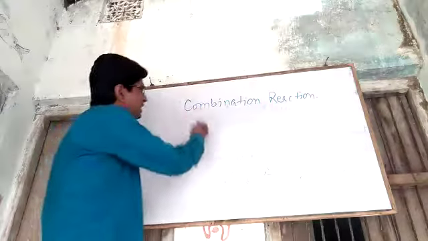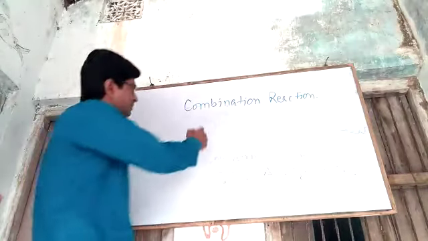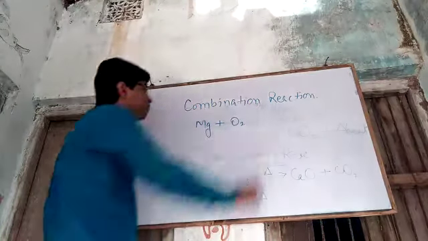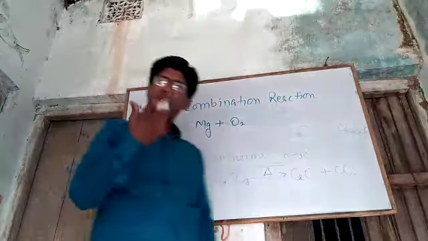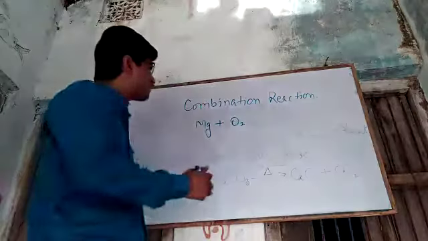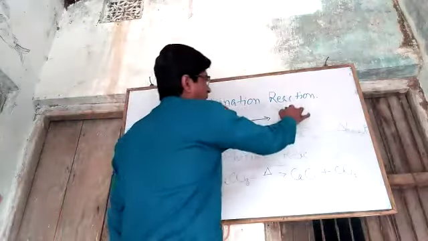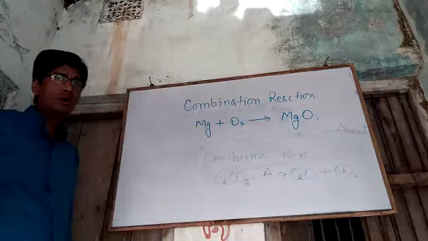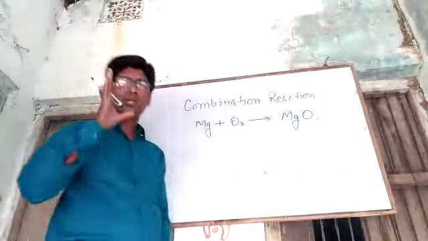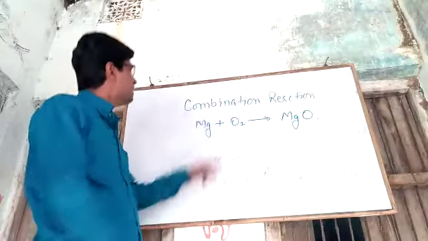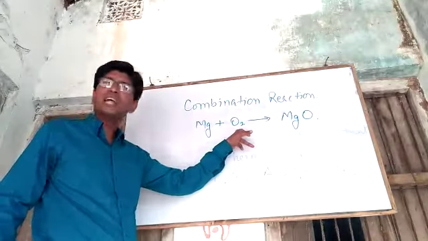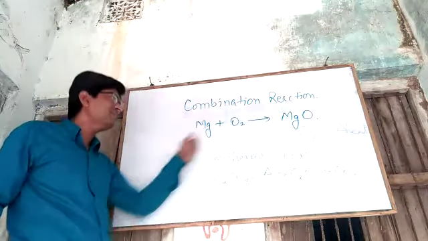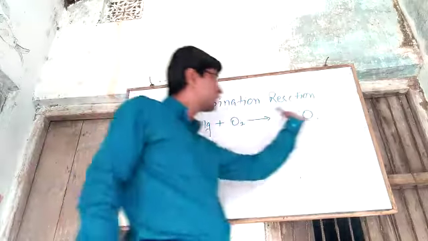For example, once again I am taking magnesium, which you studied in the first topic. When magnesium ribbon is burnt in oxygen, it produces a dazzling flame and forms a white ash in the china dish. That is called magnesium oxide. Here we have to focus on combination reaction, dear students. Generally you know that reactants are written on the left hand side and product is written on the right hand side.